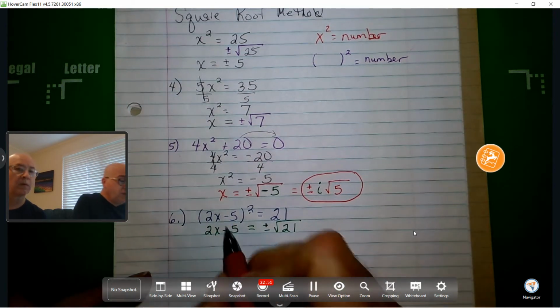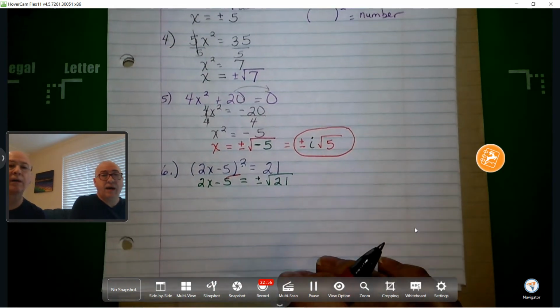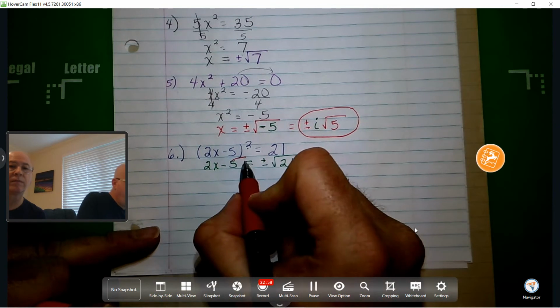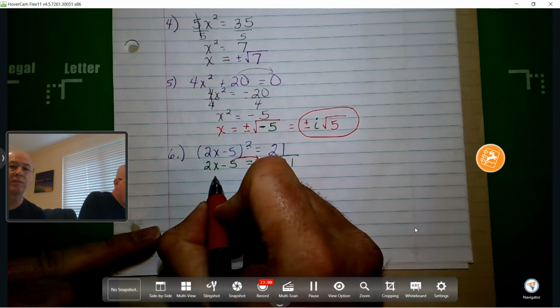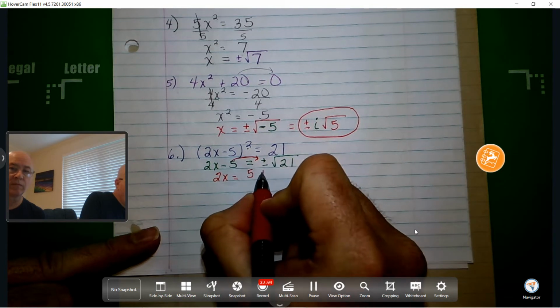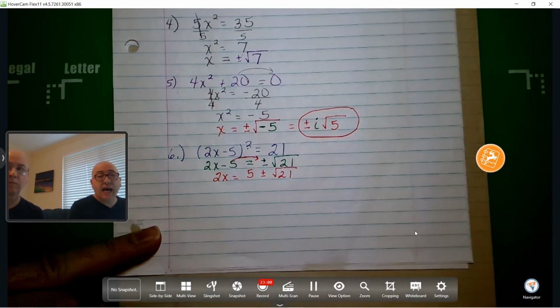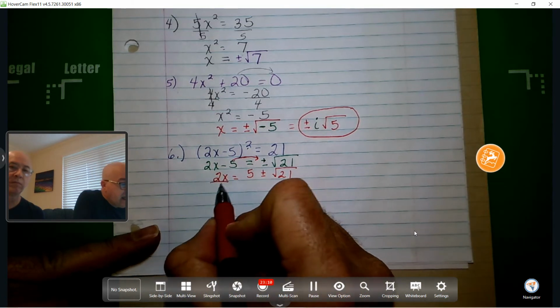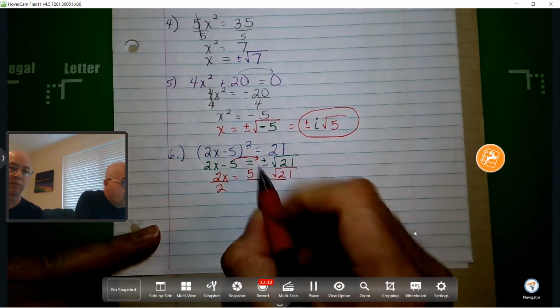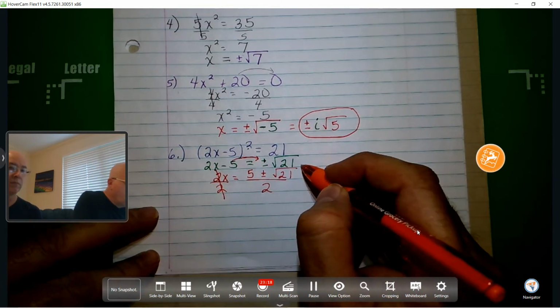We will move the 5 over by adding 5, so we have 2x equals 5 plus or minus the square root of 21, and then divide by 2. So 5 plus or minus the square root of 21 all over 2.